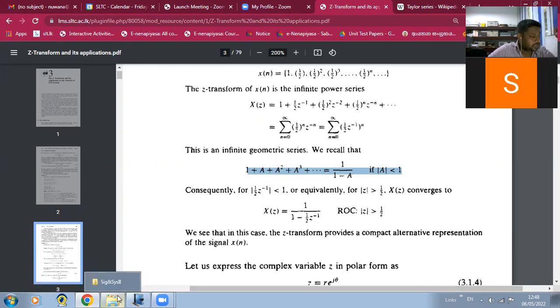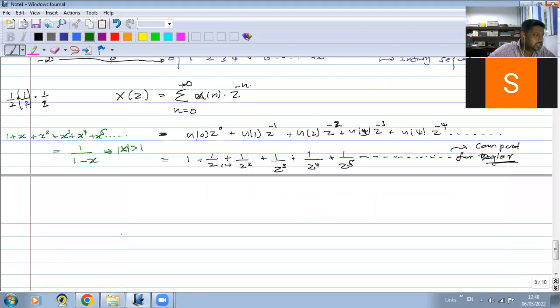So x should be less than 1. This is the compact version of the power series we can use for our case, so I use this one directly here.